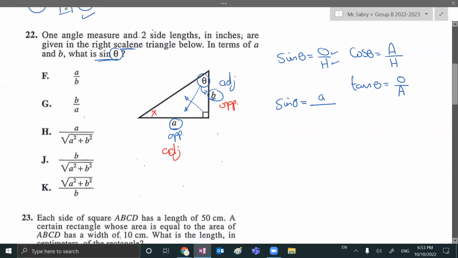In any right triangle, if I have both legs and I'm trying to find the hypotenuse, I should go with the Pythagorean theorem and do the first one to the power of 2 plus the second one to the power of 2. This is what's supposed to give me the hypotenuse right away. So when I'm trying to find the sine of theta, it's A over this, because it's opposite over the hypotenuse. So then the answer in this case is H.